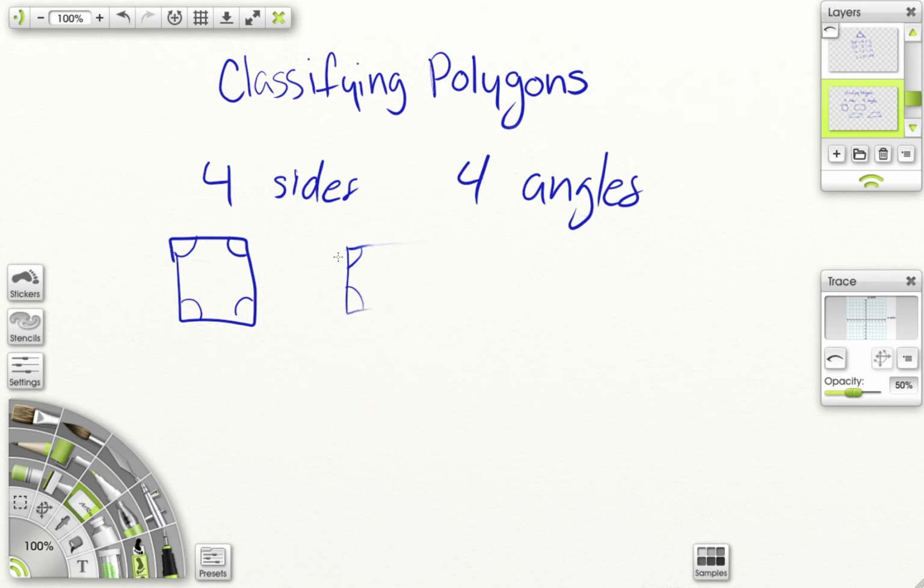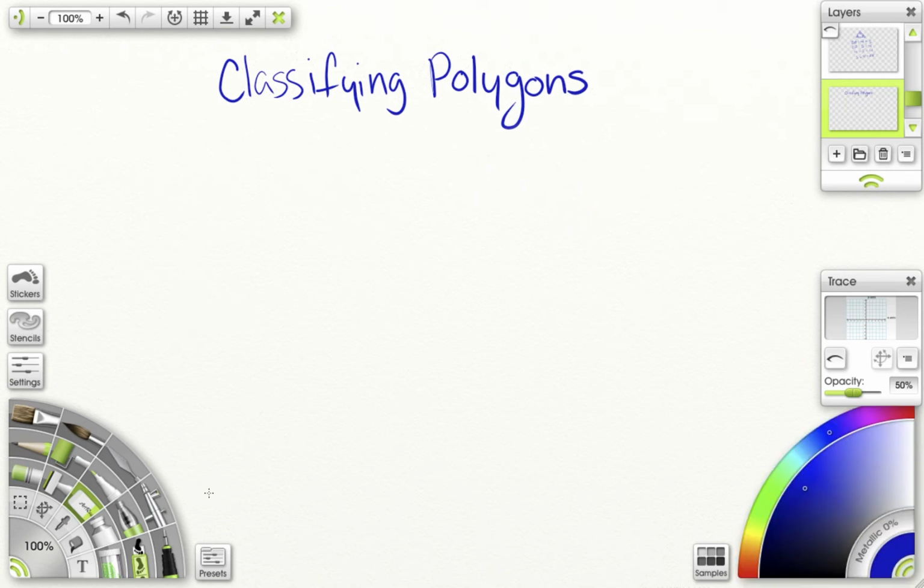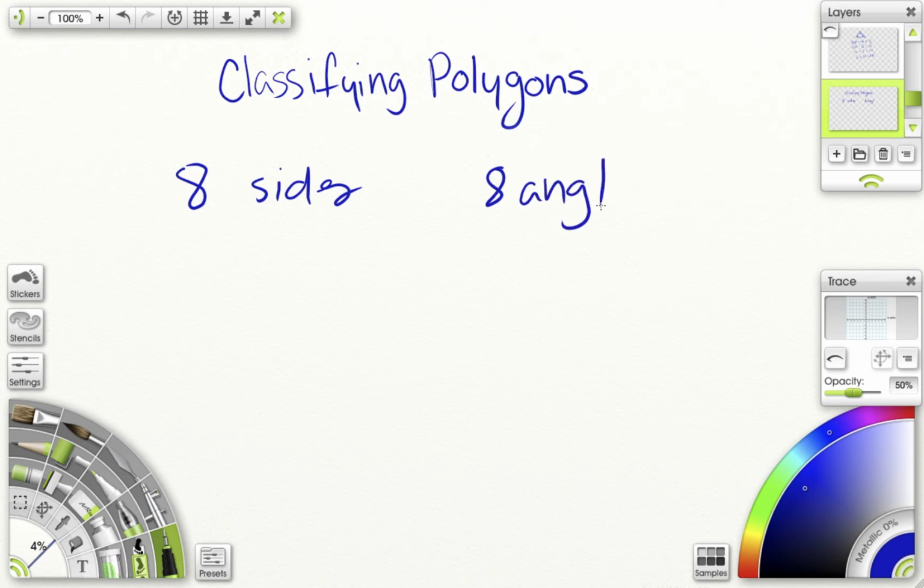Well, that's where it can get a little bit tricky, and that's also where you get a little bit more creative with the types of shapes. So let's think of an 8-sided shape. So it's 8 sides and 8 angles. Well, when you think of an 8-sided shape, a lot of you think of an octagon. So let's draw one out and see how many angles we can find.